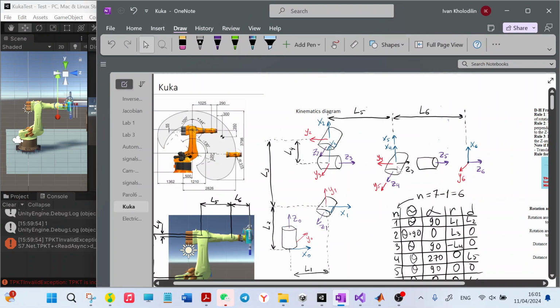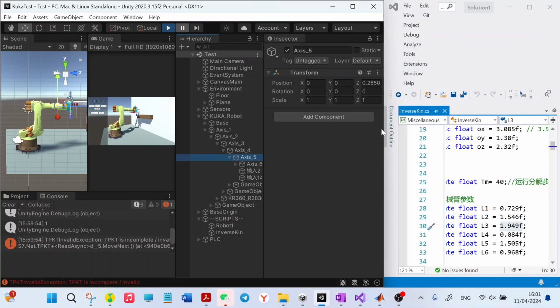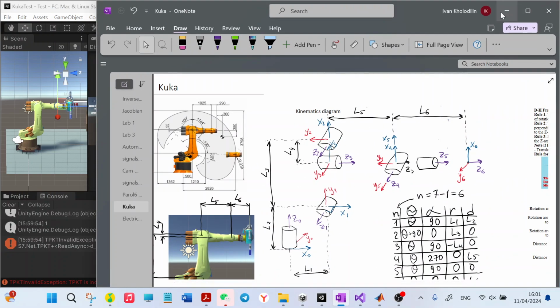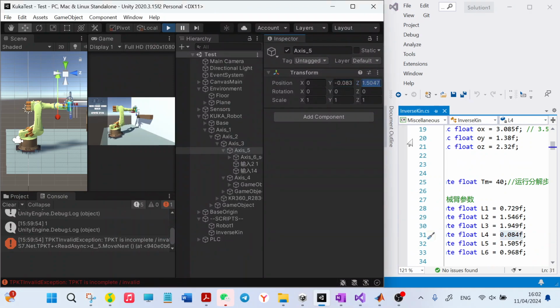The distance between this point and this point will be L5. To find this, we need to move it to here. So this will be L4. L4 is this distance, and this one is L5. Once we define this, we can move this axis back.